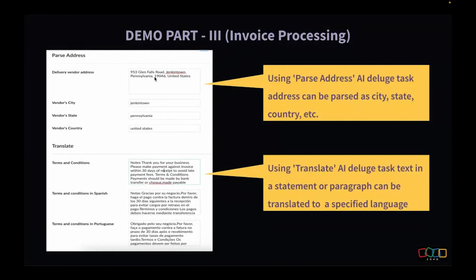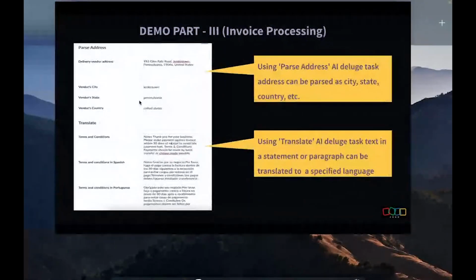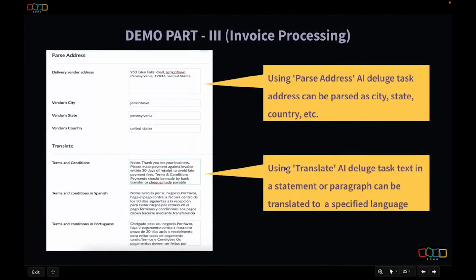Now consider, I would like to get only the state, city and country, and auto-populate them to the respective fields here. In this case, the parse address AI deluge task can be used, and automatically the city, country, and state will be detected and auto-populated to the other fields. Similarly, for the second case, we have used the translate AI deluge task. We also extracted terms and conditions from the invoice, right?